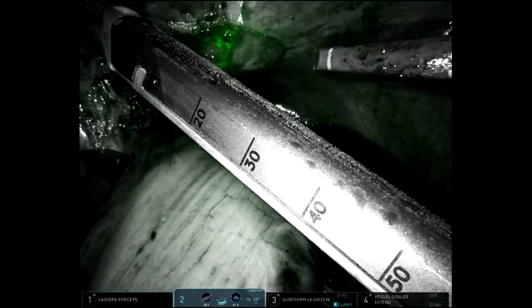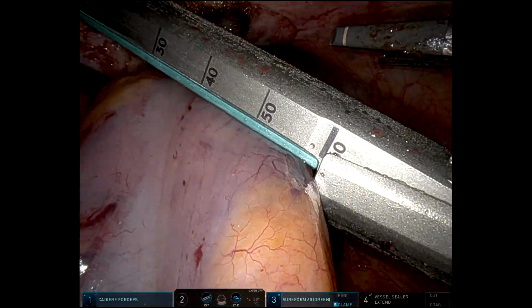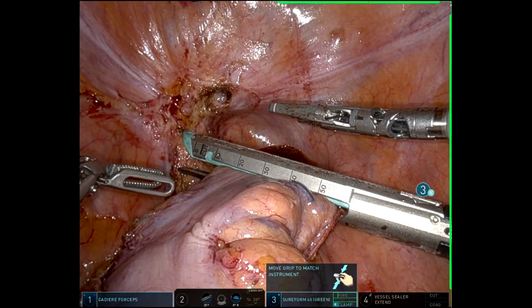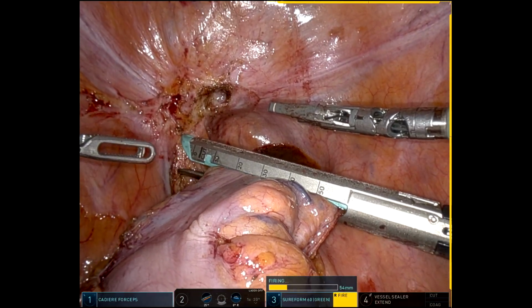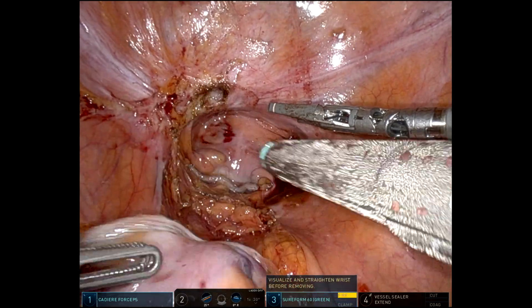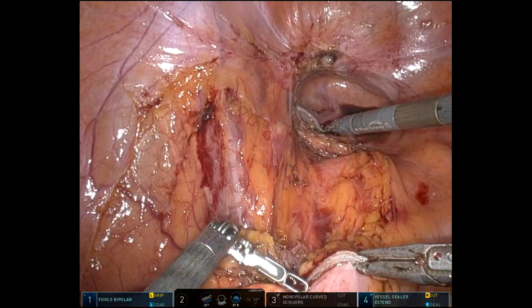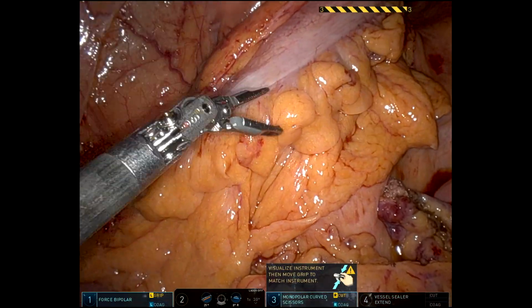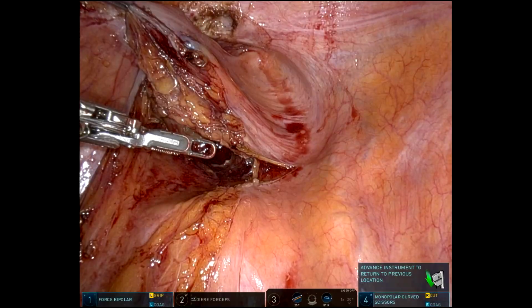And now we'll staple distal. Examining the reach, I didn't feel that there was really much tension whatsoever.